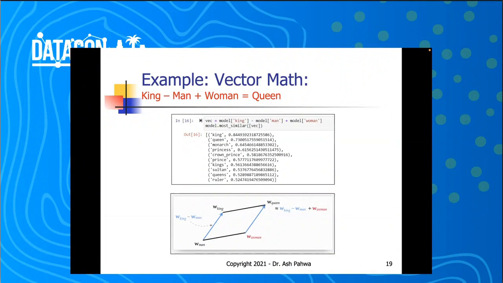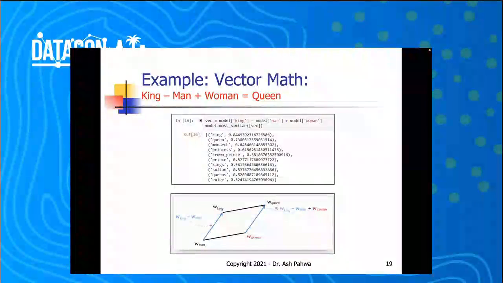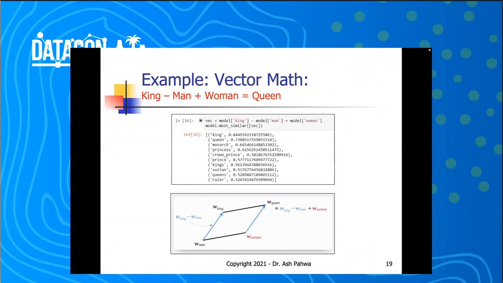It's a very famous example: if you take the vector of king, subtract man from it, and add woman, you will get a different vector. We are just doing simple mathematics, applying a mathematical function to three vectors: king minus man plus woman.